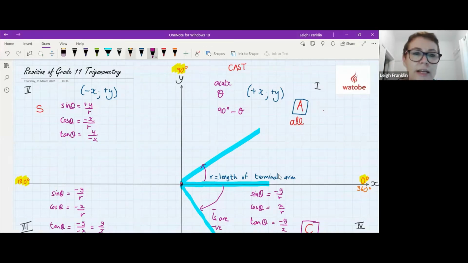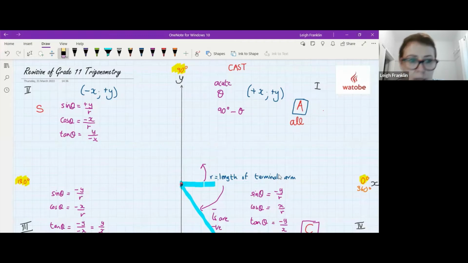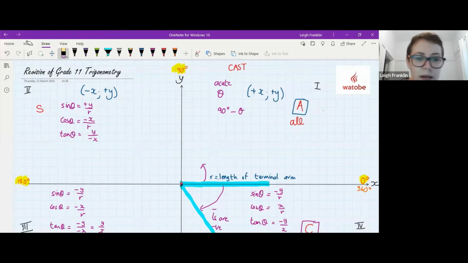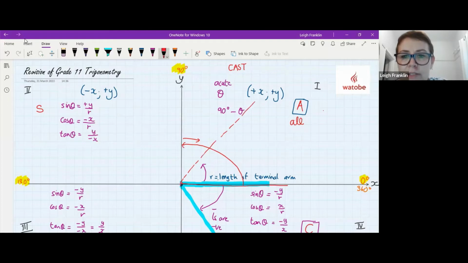So what I've done here is I've gone from this position over here in this direction up to 90, and then I have changed direction, and I have ended up with my terminal arm being located somewhere inside quadrant number 1.